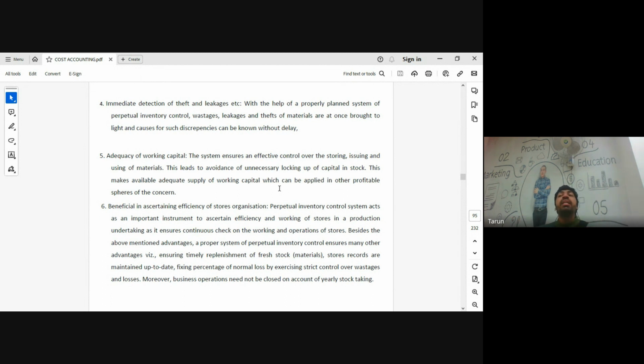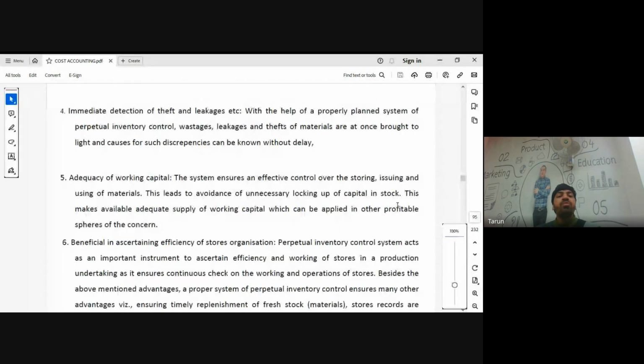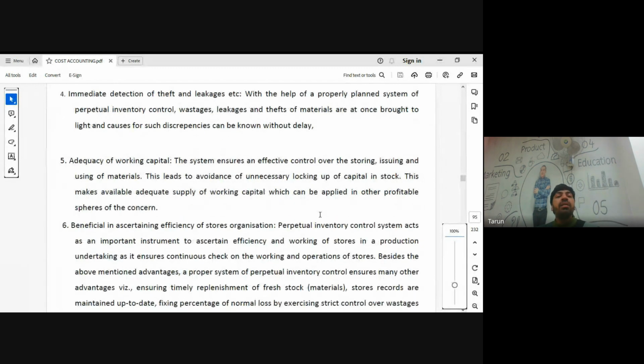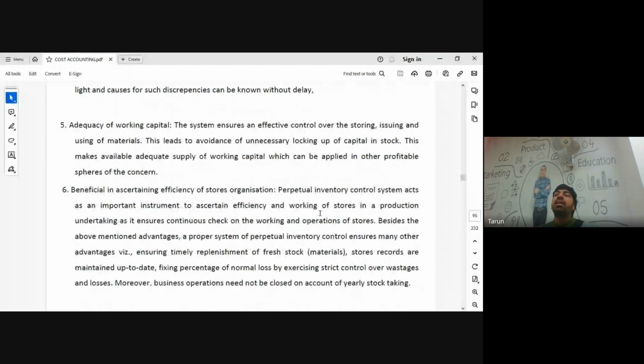That is the virtual inventory system. Next one is that it's beneficial to find out the efficiencies of the stores organizations. For organizations which have their own stores, this method is beneficial to evaluate their efficiencies.